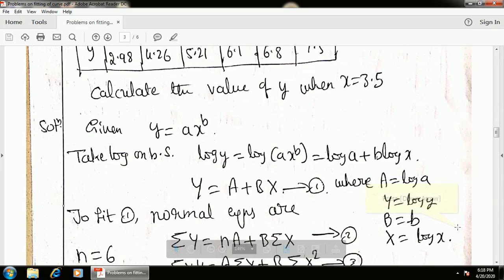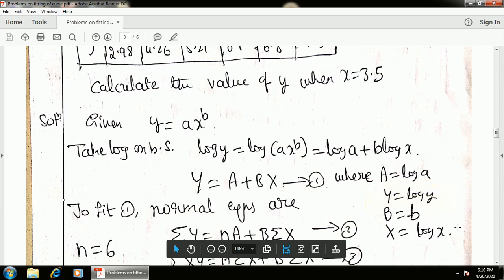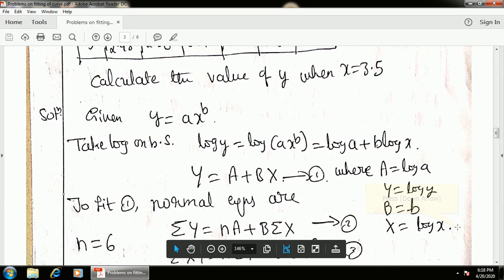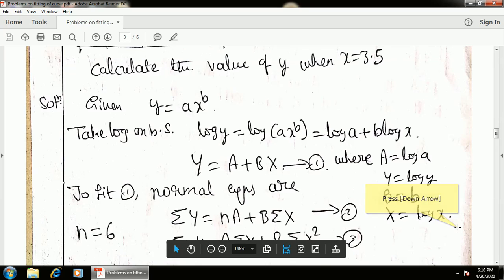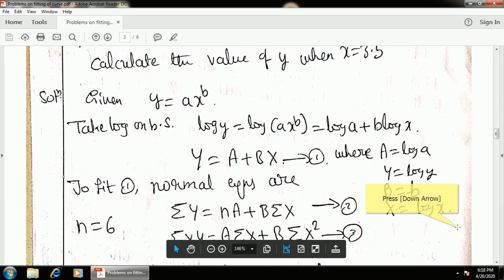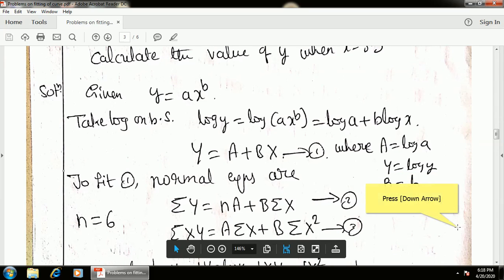To fit this straight line, you know how to write down the normal equations.